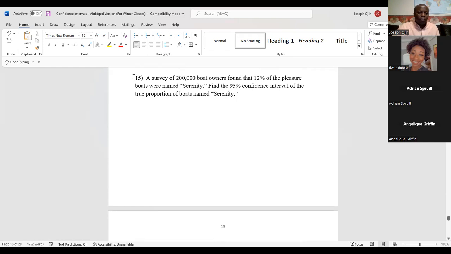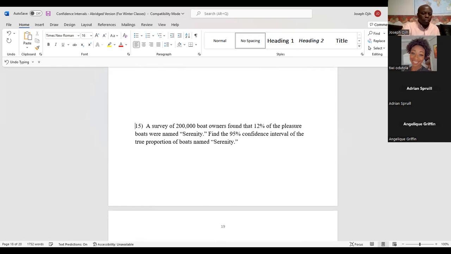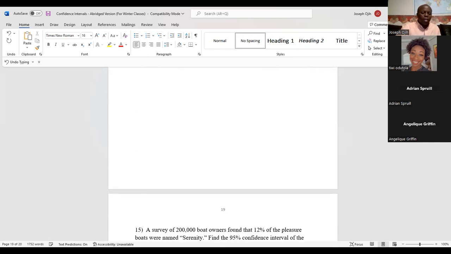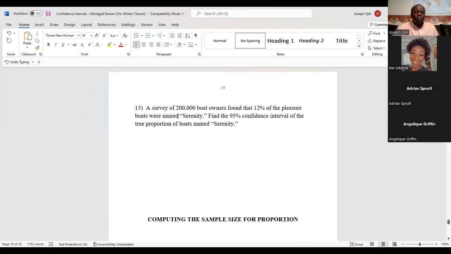I'm going to put this down so that we will have enough room. It says a survey of 200,000 boat owners found that 12% of the pleasure boats were named Serenity. Find the 95% confidence interval of the true proportion of boats named Serenity.